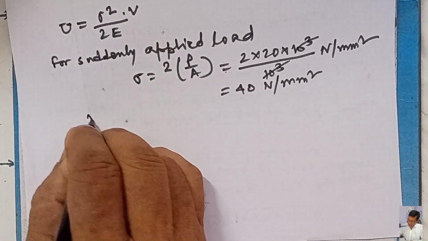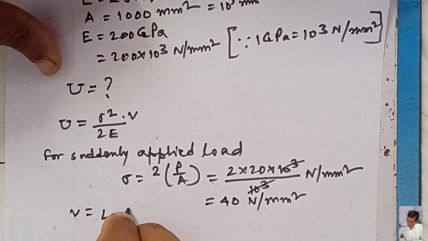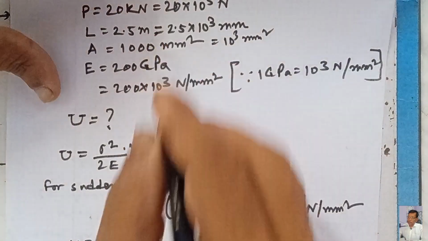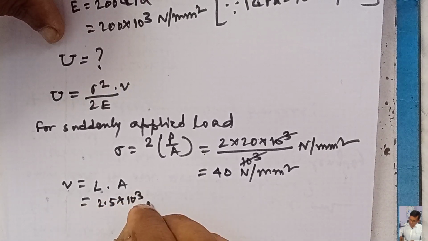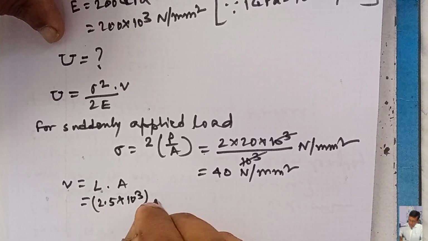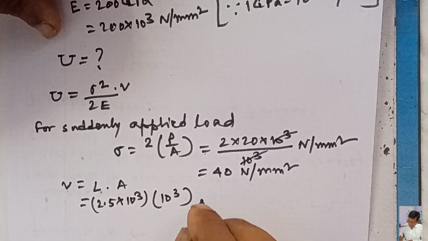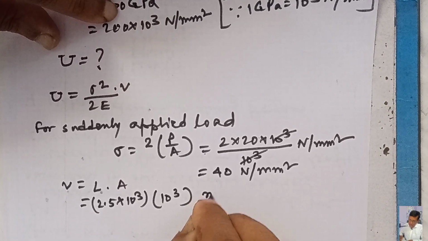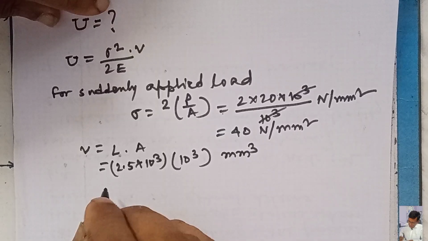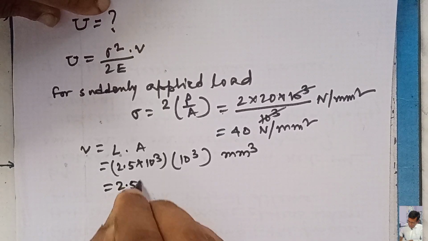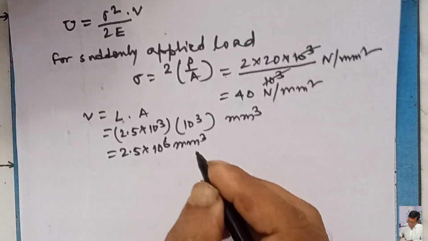V is equal to length into area, length is given 2.5 into 10 to the power cube, into area is given 10 to the power cube millimeter cube, is equal to 2.5 into 10 to the power 6 millimeter cube.